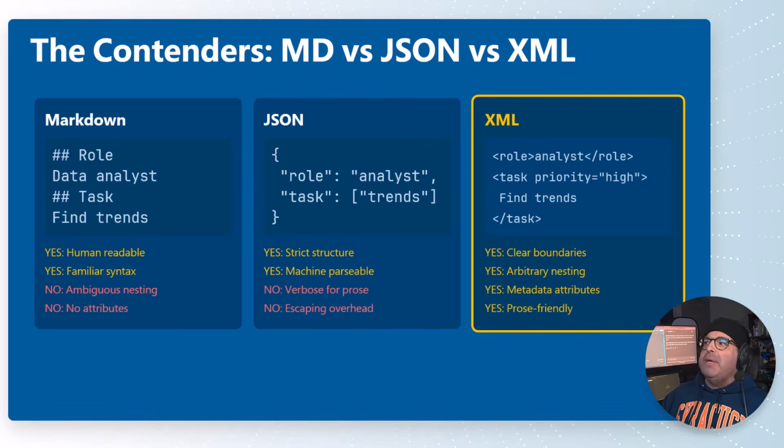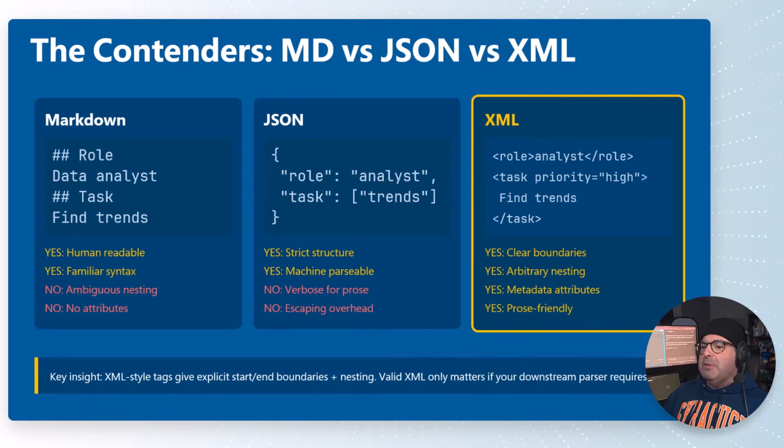I would only use XML in an opening salvo prompt that I've really put some thought into. If you're going to do a deep research job that's very compute intensive and you only get a certain number of credits per month, you don't want to waste your shots. So that's why I'm suggesting this more methodical approach. Now, I say that valid XML only matters if your downstream parser requires it.